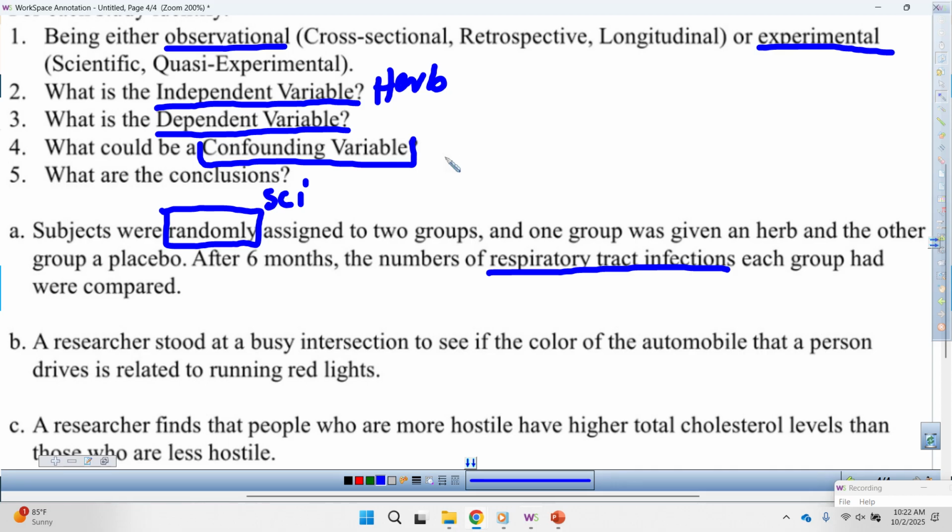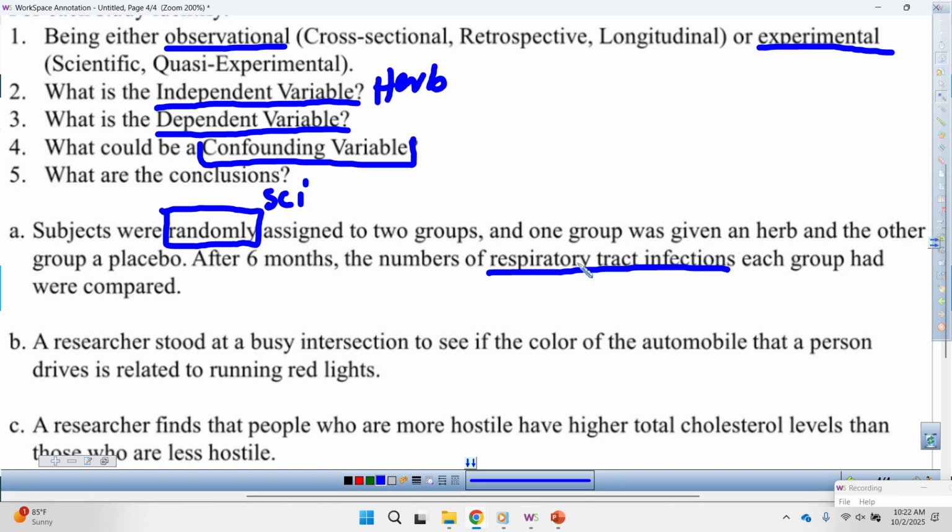To who? Javi. What could affect the results, Javi? What could affect tract infections in the respiratory tract?